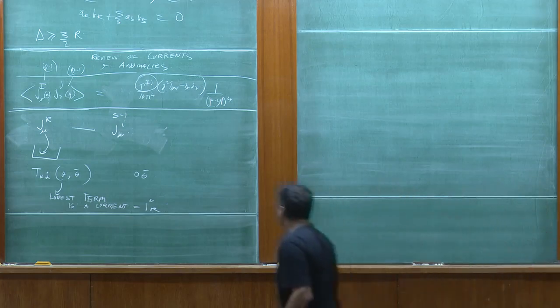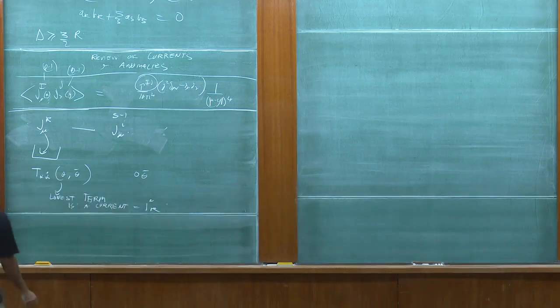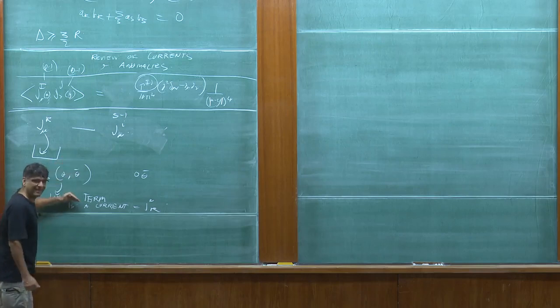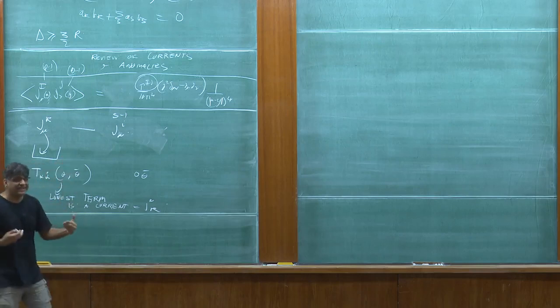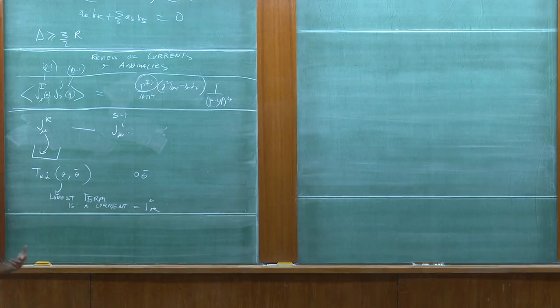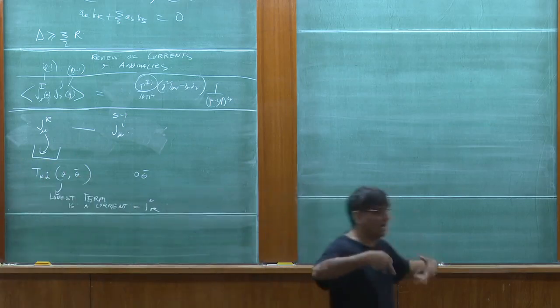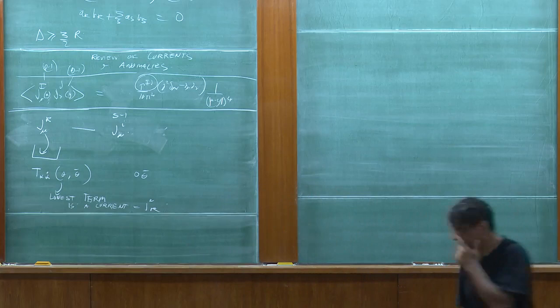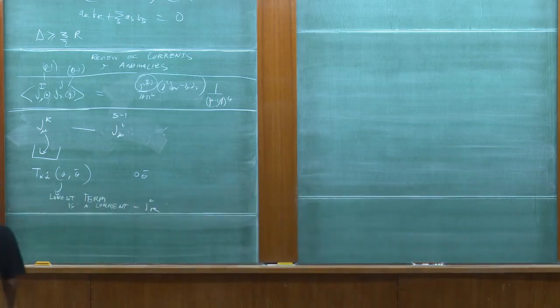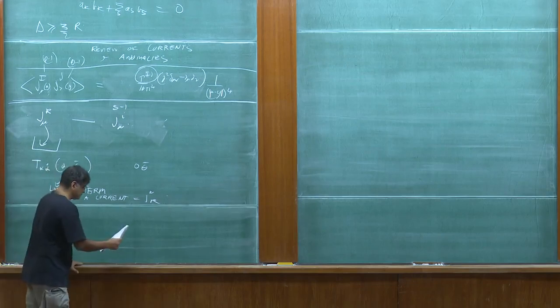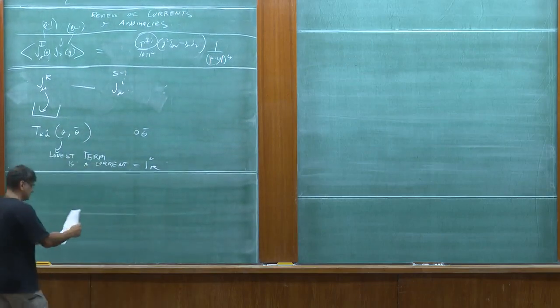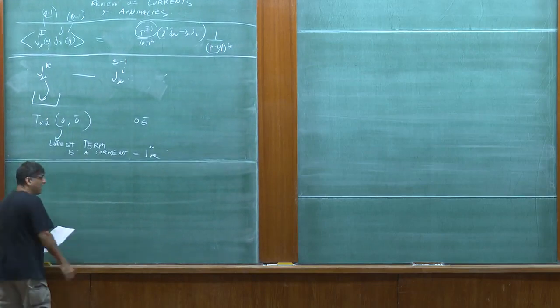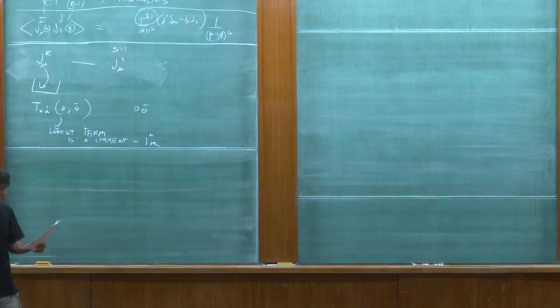Okay? So this field here is the multiplet that carries the R symmetry current, the stress tensor, and the supercurrent. Now, let us suppose the R symmetry is of the following sort.